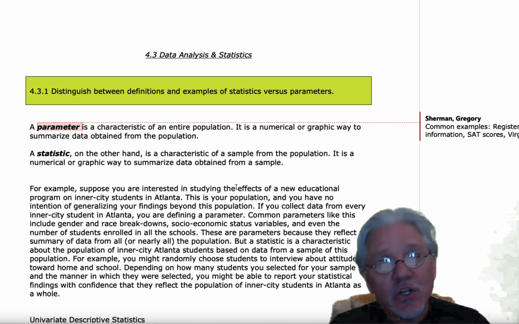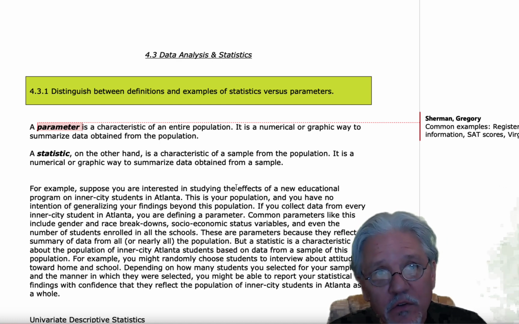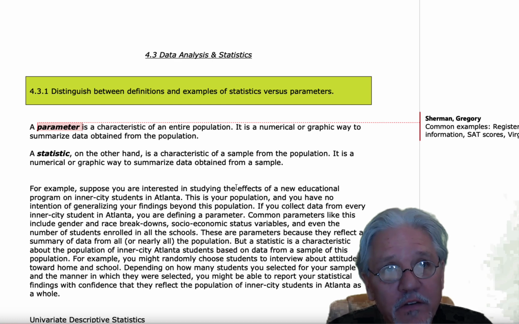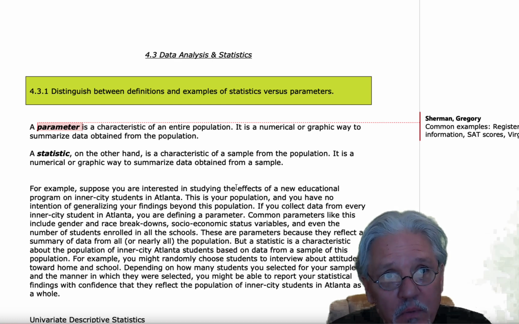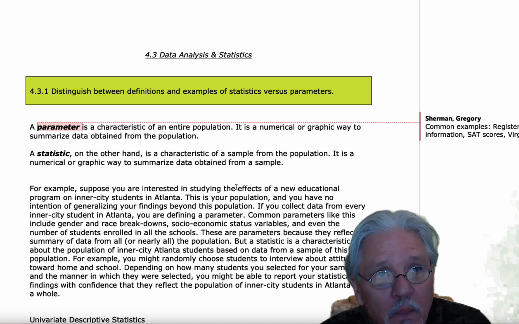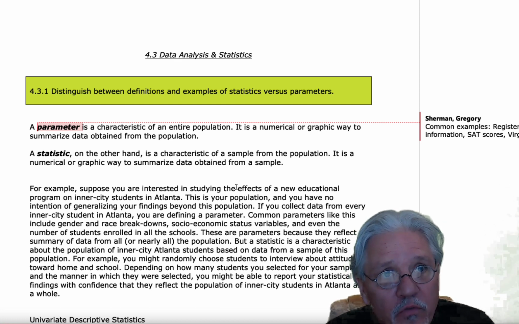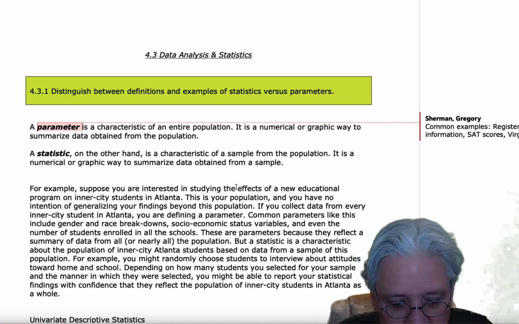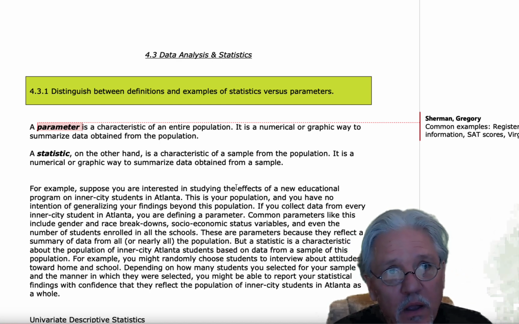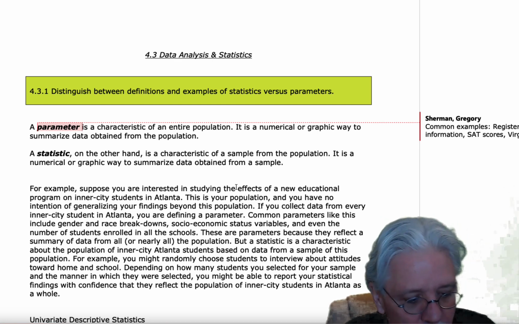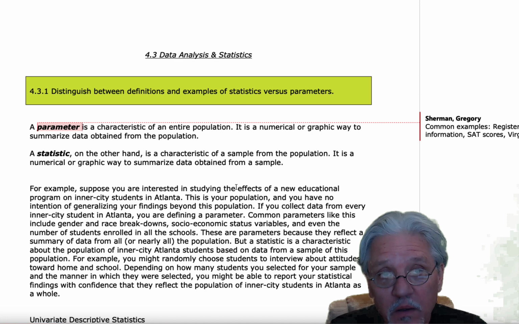And again, I mentioned earlier we're heading into the political season, and statistics about, for example, political party affiliation can be parameters, because if you take the number of registered voters for one particular political party, that's not just a sample number. That represents all of the people registered in the whole country.